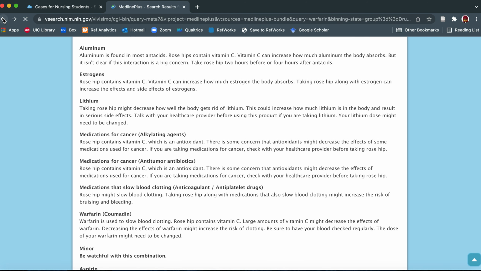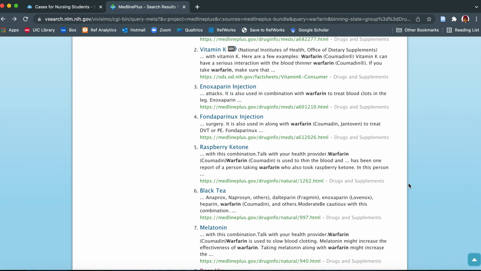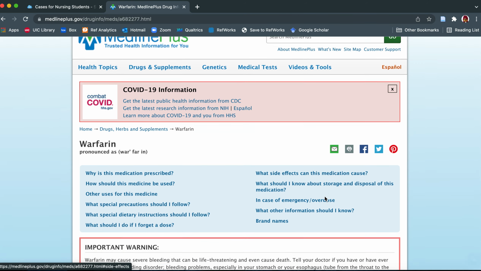And this is really important because when you ask a patient what other medications are you on, they're thinking prescription medication. They're not thinking that new tea they started drinking or those potassium supplements or what have you. We just click on the drug.